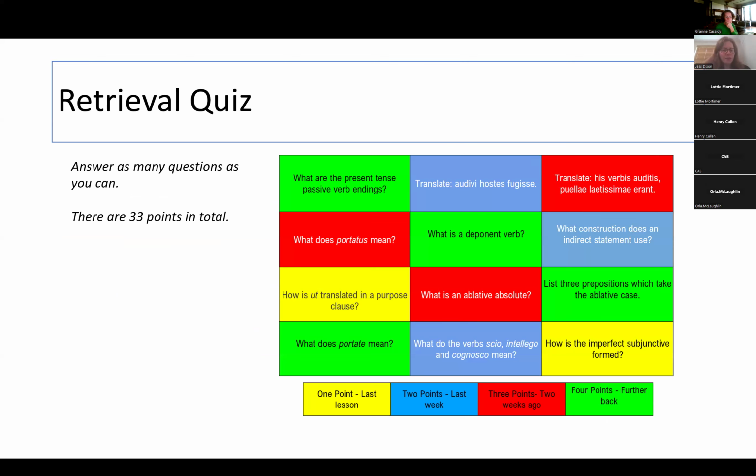This is a retrieval quiz going back last lesson, last week, last 2 weeks, and then last term. It's another format I've taken from Kate Jones and adapted it for Latin. So it's a way of kind of revising different bits of grammar and vocabulary and translation that you've done recently.